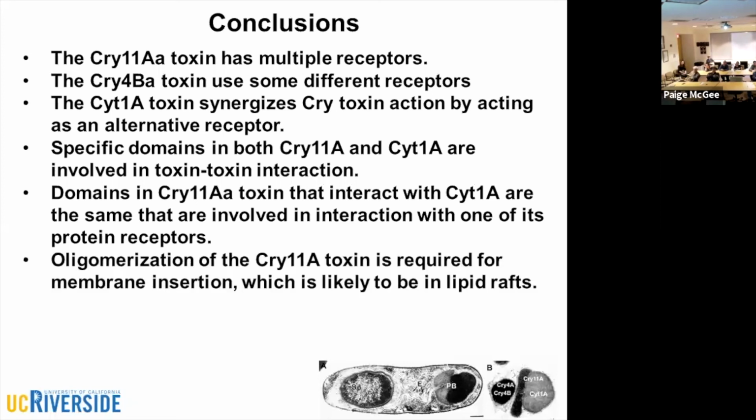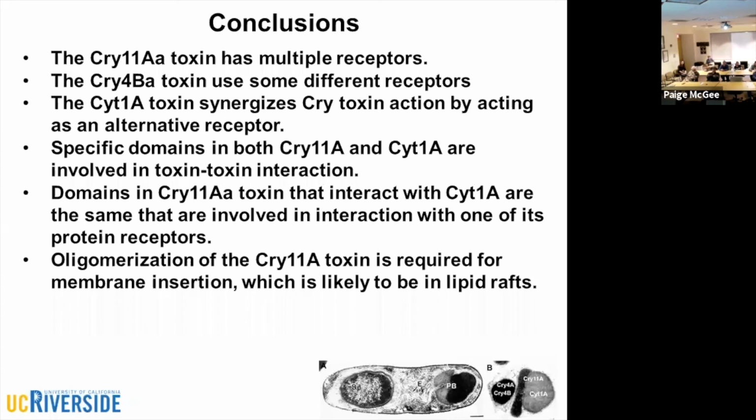Oligomerization is an essential process. I did not go into that extensively, but this is likely a process required for the second stage of the binding process. That is, it oligomerizes and then goes into lipid rafts. Why is this important? Because the binding affinity of an oligomer is different from a monomer.